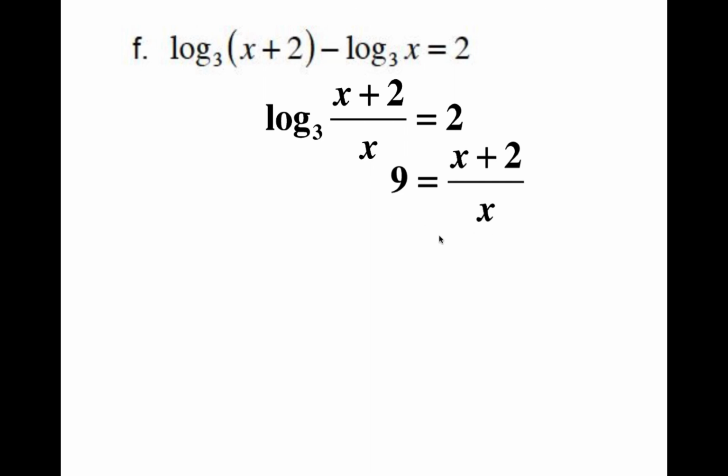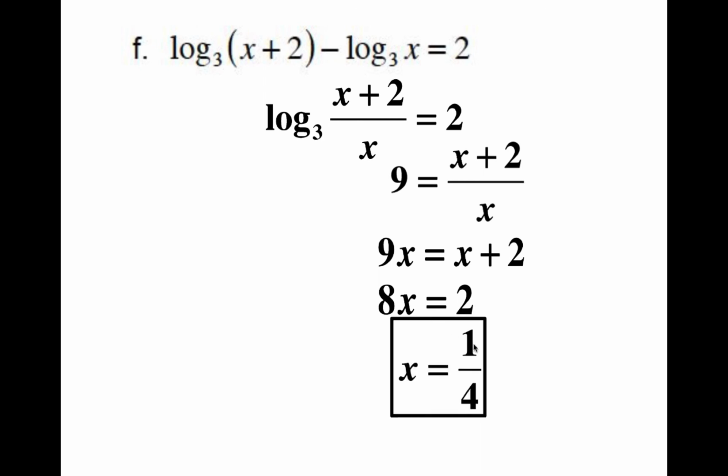You can multiply both sides by x, so the x's will cancel on the right side. So that gives me 9x equals x plus 2, minus the x, and then to get x by itself, divide by 8, and 2 divided by 8 reduces to 1/4.